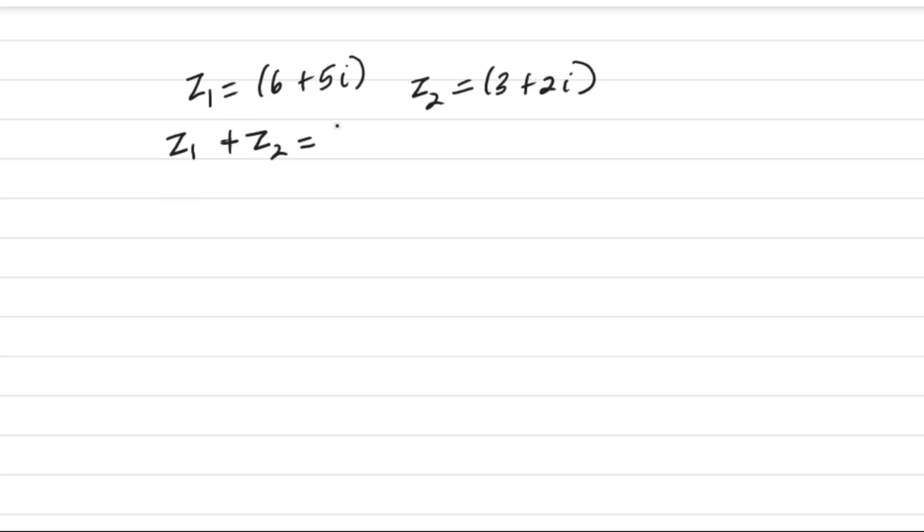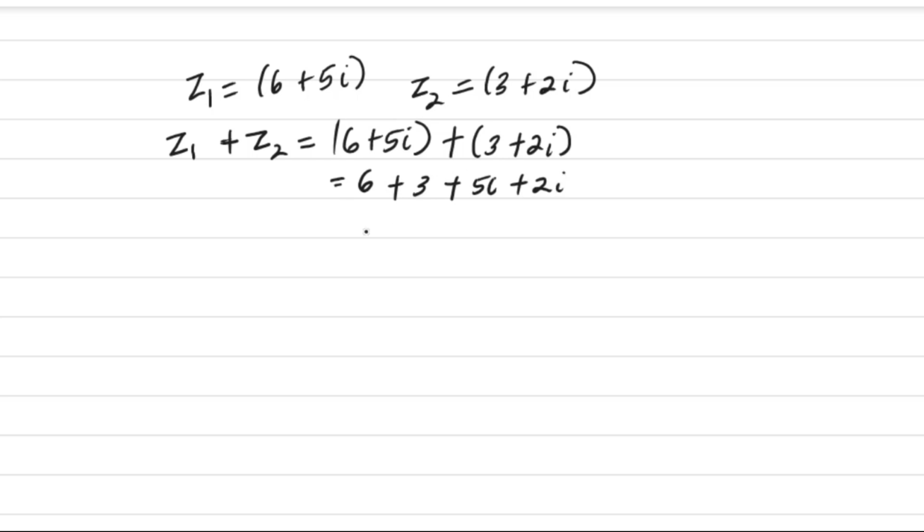If we're adding Z1, which is 6 plus 5i, plus our Z2, which is 3 plus 2i, we collect the like terms. The real part here is 6. The real part in the other complex number is 3. Now the imaginary part, we have 5i plus the imaginary part in the second, which is 2i. So 6 plus 3 will give us 9. 5i plus 2i is going to give us 7i.